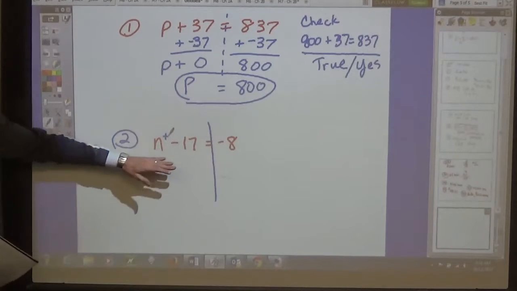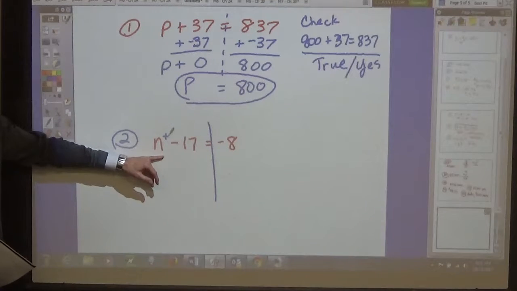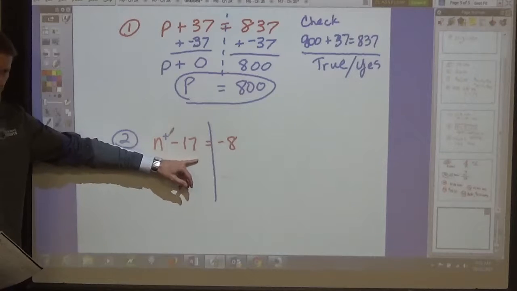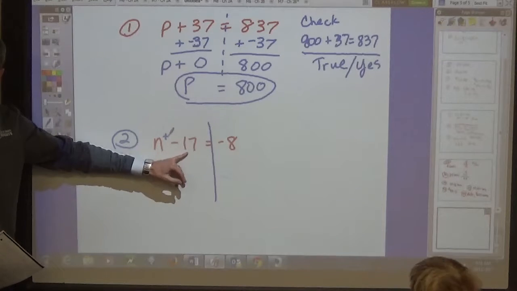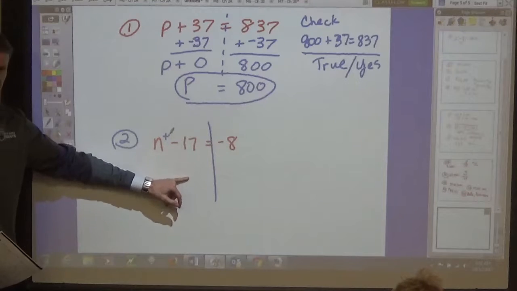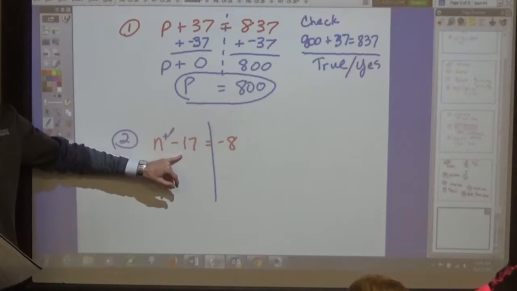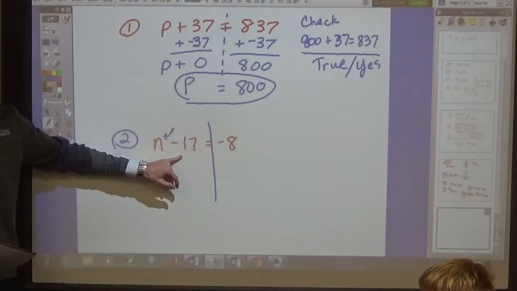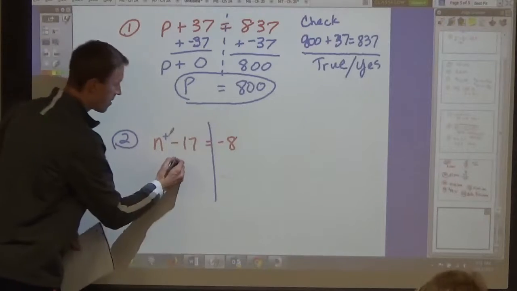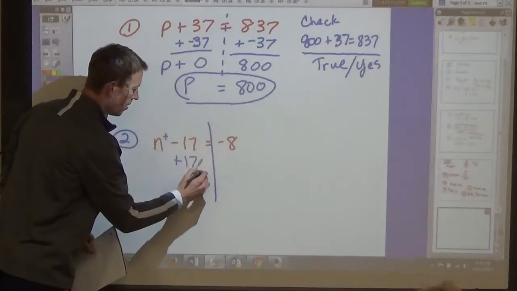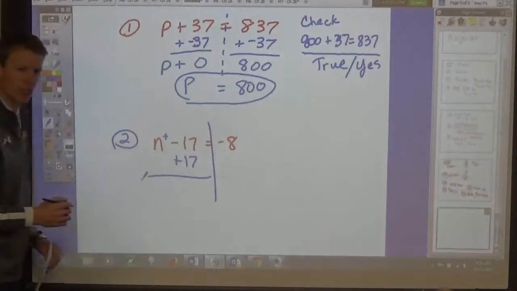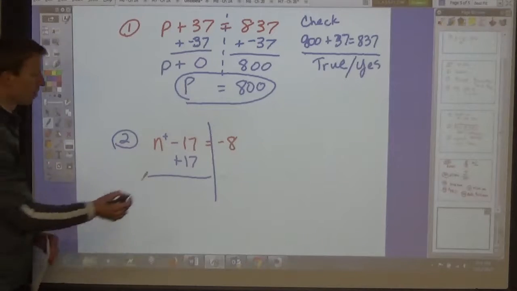Start on the side of the variable, and isolate the variable by adding the opposite. So what is the opposite of negative 17? Positive 17. So add positive 17 to get rid of negative 17.